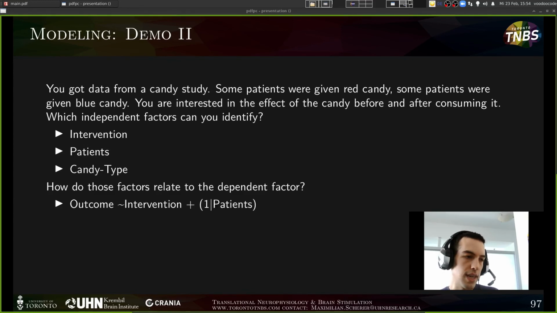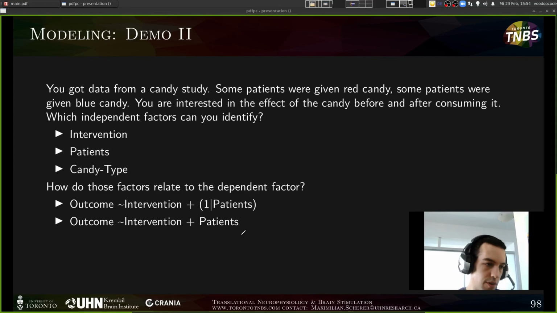So in this case, we could, for example, look into what's the effect of the intervention, giving the patients candy. And again, in this example, we wouldn't be interested in what's the effect across different patients. We just want to let the model know that we repeatedly measured across patients, hence compensate for that.